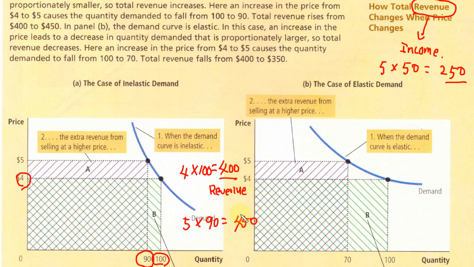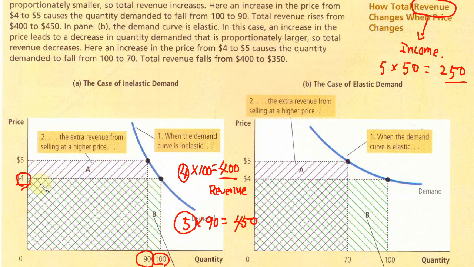Comparing these two, even though you have increased the price, your revenue is higher than at the lower price here. Once you have $4, this is lower. This is lower than $5, right?